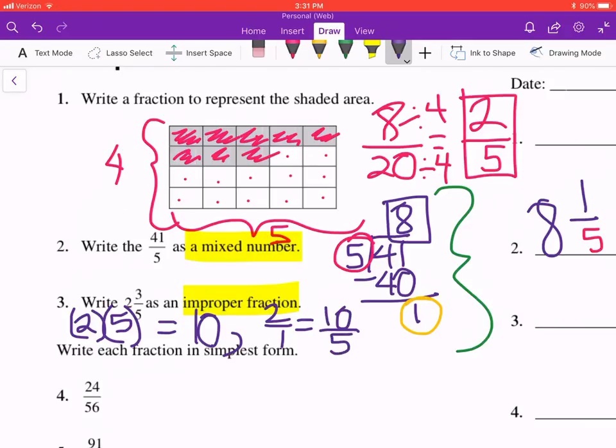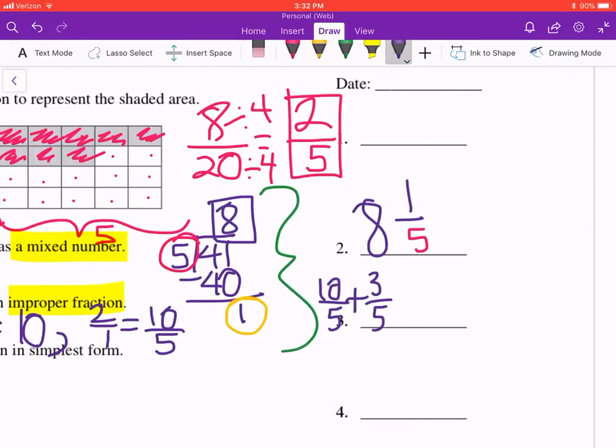That's what we get from this part. So 10/5, and then we had here 3/5 to add to it. So it will be 10/5, that is the 2 that we have here, plus 3/5. And so our improper fraction is going to be 13 over 5, or 13/5.